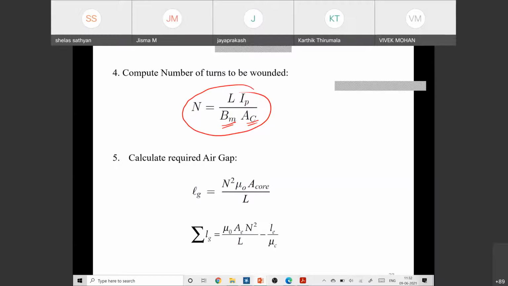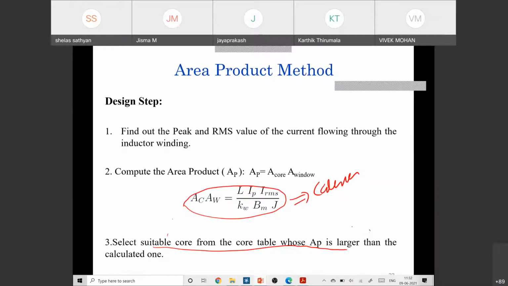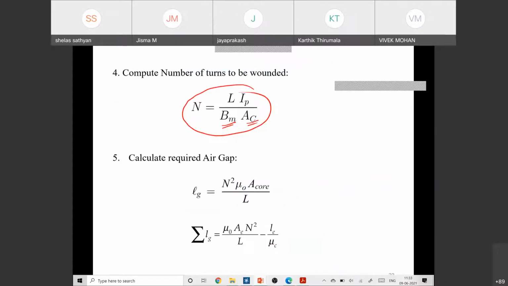Now the difference is here. Whatever core you selected, that core's cross-sectional area we have to plug in here, and we will find the number of turns. Sometimes the number of turns will come in a fraction, for example, 17.35. So it's better to take either 17 or 18. There will be only small variations.